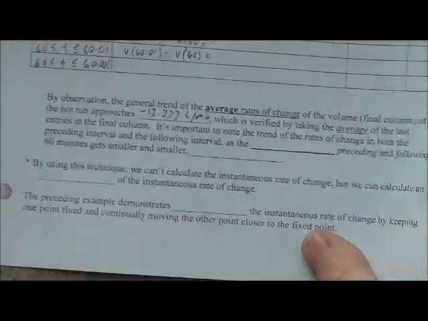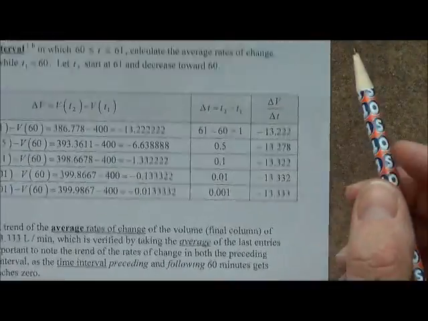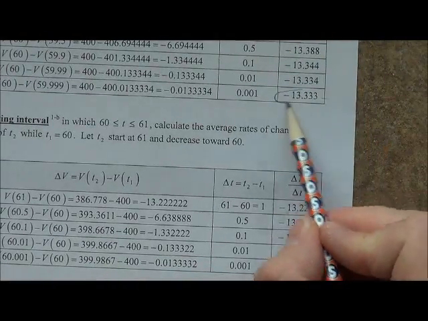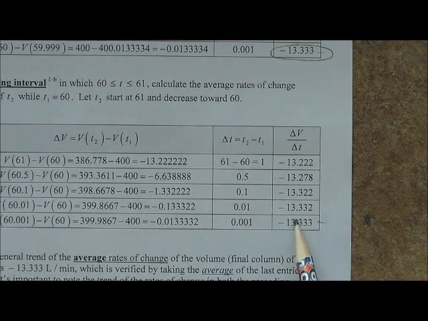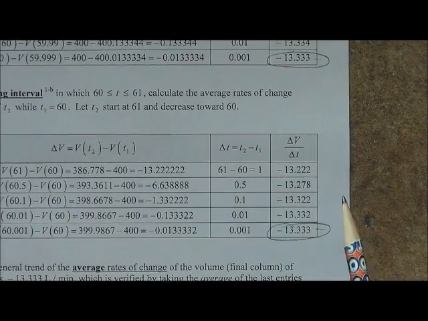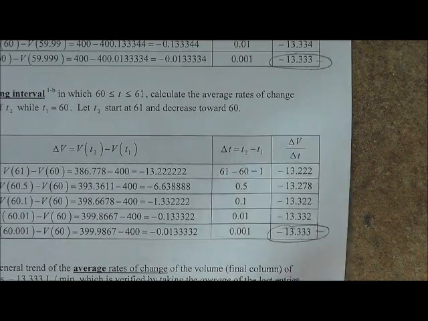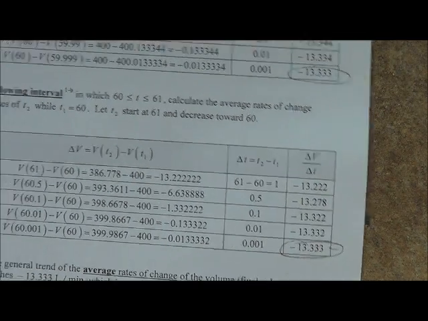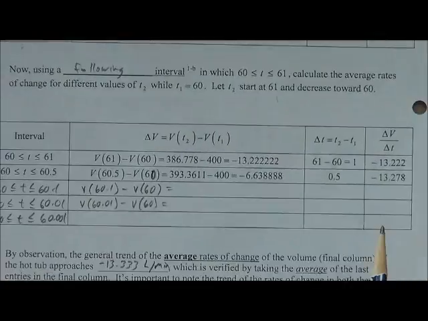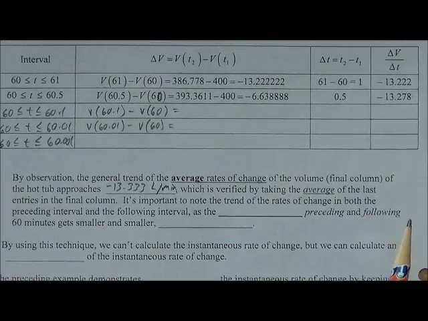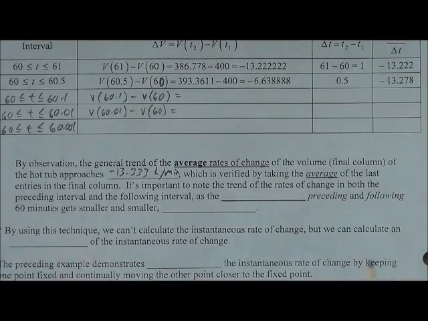So what we're going to be doing is, if we take the average of the final two rates of change for the preceding and the following interval, take the average of those two values, that will give us a very good estimate, catch that? A very good estimate for the instantaneous rate of change.